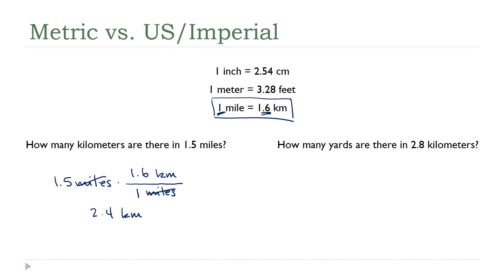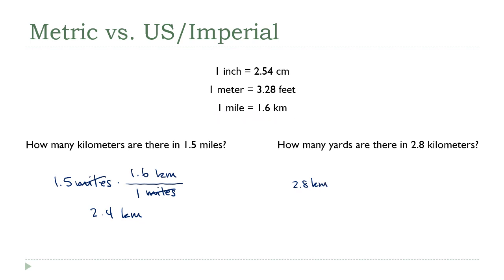This is one of those multi-step ones because I don't have a conversion factor that goes directly from yards to kilometers. So you're welcome to pause the presentation if you like. See if you can't work this one out on your own. All right, then you can jump back in and see how I do it. Okay, so I'm going to start with 2.8 kilometers. And let's see how I'm going to do this.